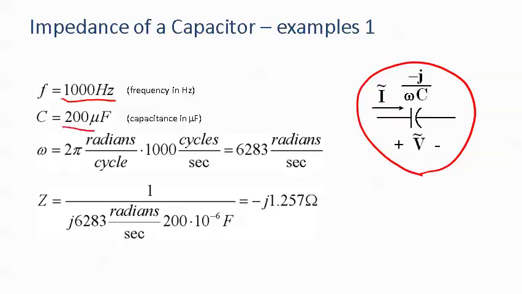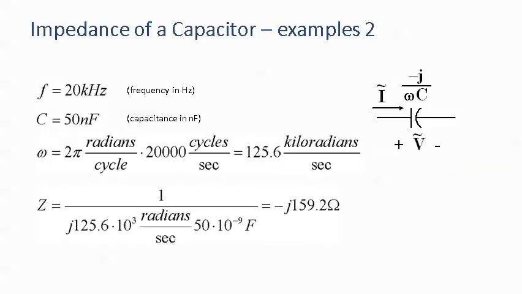We take the capacitance at 200 microfarads and get our radian frequency of 2 pi radians per cycle times 1,000 cycles per second, and that's 6,283 radians per second. And Z then is 1 over j omega C, and that's going to turn out to be minus j 1.257 ohms for that particular capacitor.